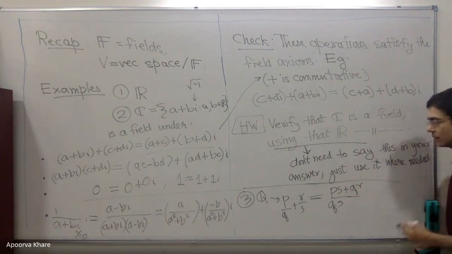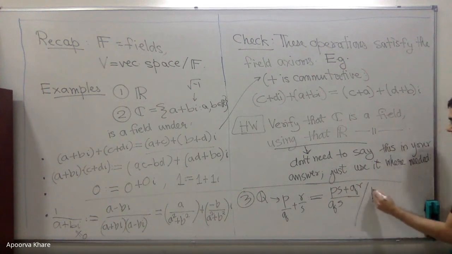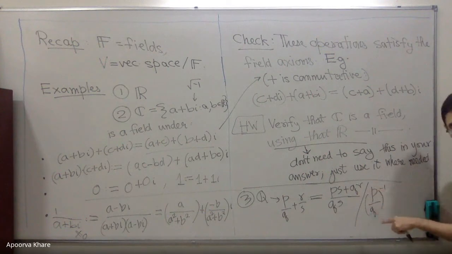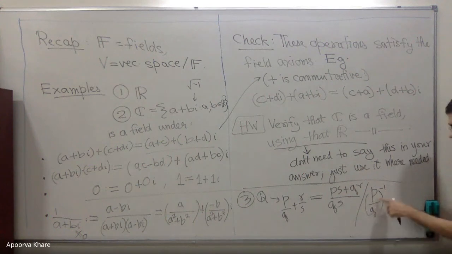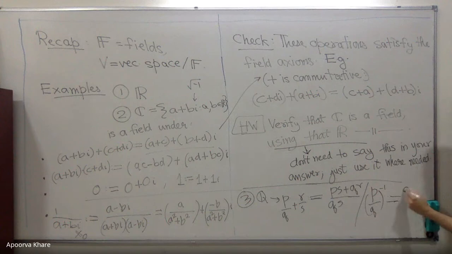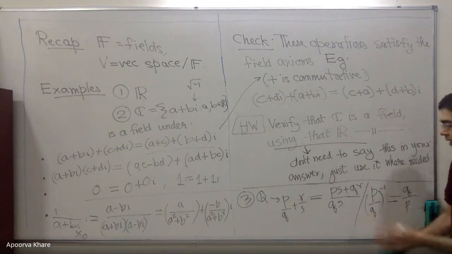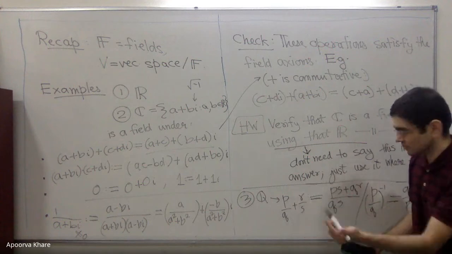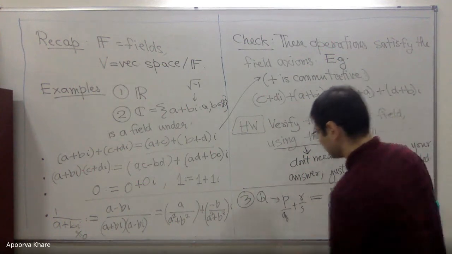Similarly, the inverse of p over q only makes sense when p is non-zero. You already know q is non-zero. The inverse is obviously q over p, and so on. The multiplication is pr over qs. This is a field.